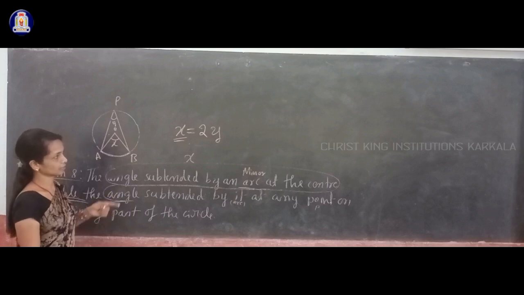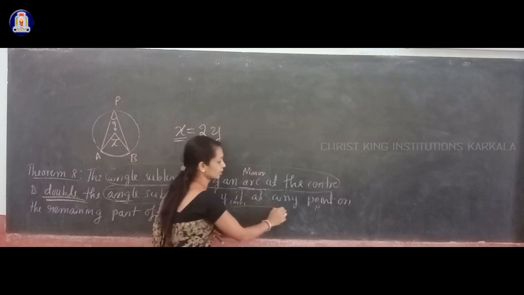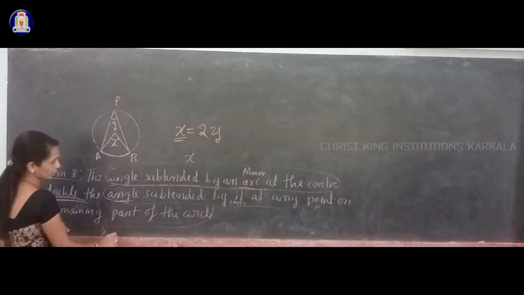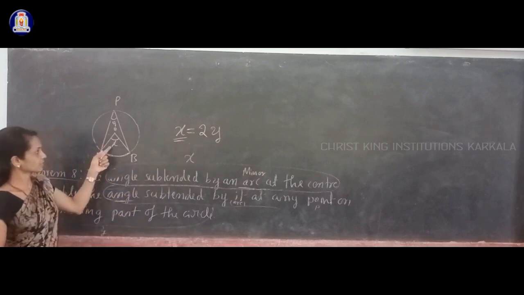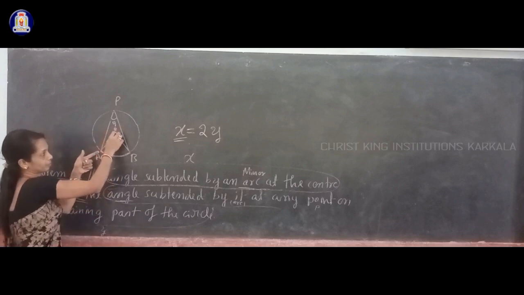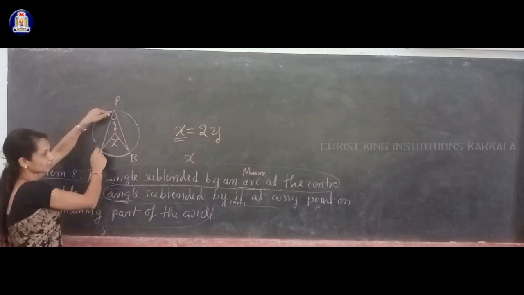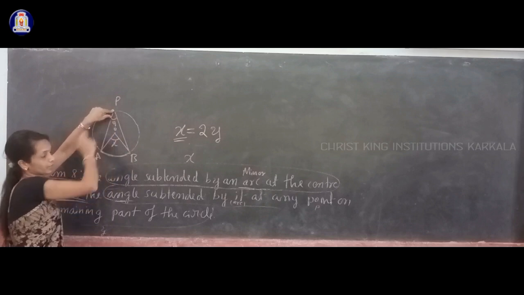According to this theorem, the second angle subtended by the arc at any point on the remaining part of the circle is the angle Y. So, x is equal to 2 times y. Angle x is the angle subtended by the minor arc at the center, and that is 2 times the angle subtended by it at any point P on the remaining part of the circle, meaning x equals 2 times y.